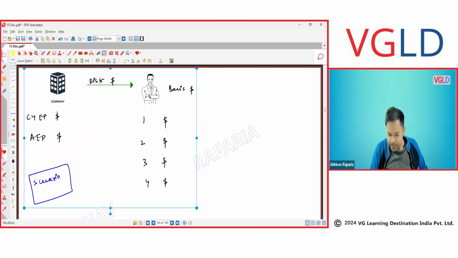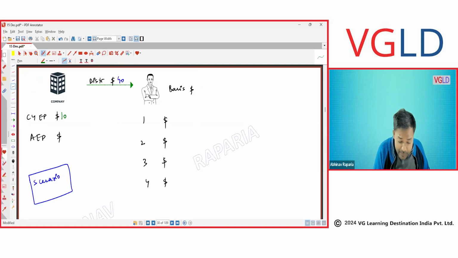Third scenario. This is a 40 distribution. Current earnings and profit, I am having a profit of 10. Accumulated, I am having a loss, guys. Is that possible? Why not? Very much possible. Basis is 5 again. Tell me 1, 2, 3, 4.